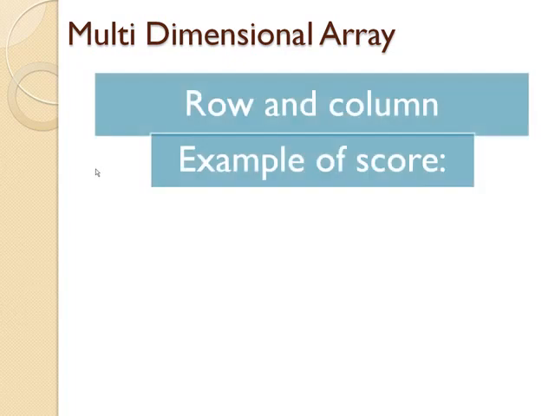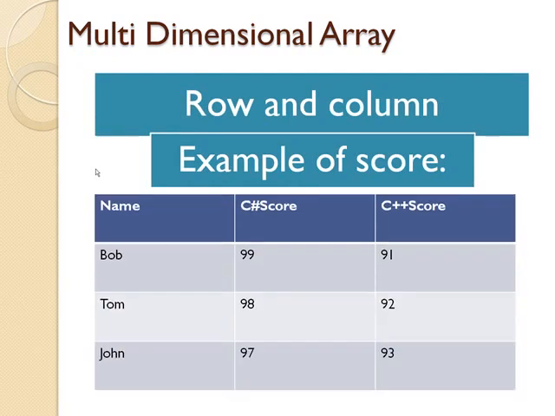So far we are working with the one-dimensional array. In one-dimensional array we have just one row. Now think about an array which is of table format, which has row and column.